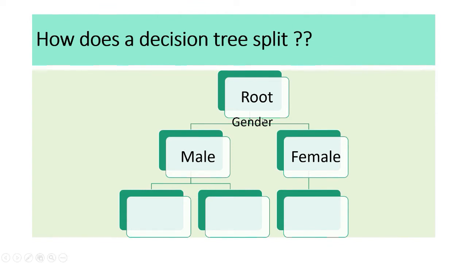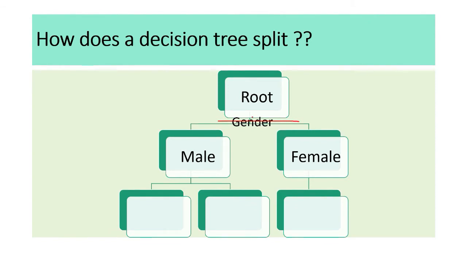So now the question arises: how do we decide which particular node to choose for a split? You can see that this has been split on the basis of gender. So in that perspective, today we will discuss what is Gini index, Gini coefficient, Gini gain, or also sometimes referred to as information gain.